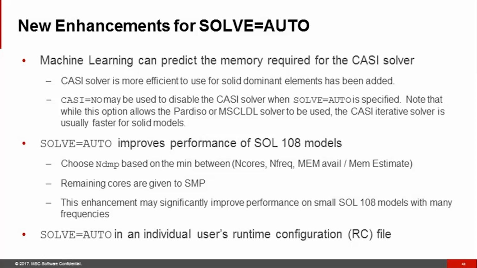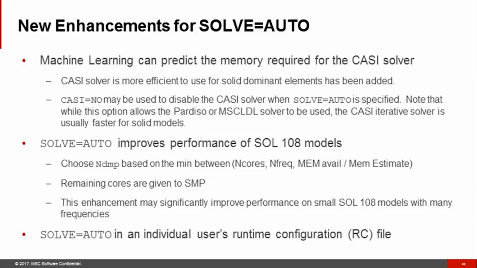The solver will notice that your model has a lot of solids and automatically select the CASI solver. Based on machine learning techniques, it will make predictions and get better after each run, as the solver learns from the previous runs how much memory is required for your model to run.